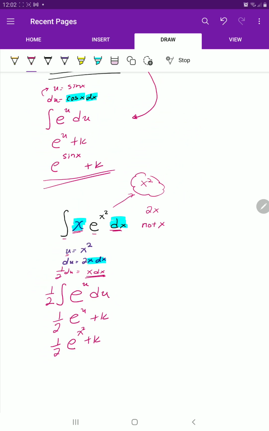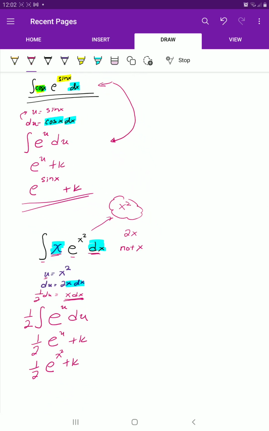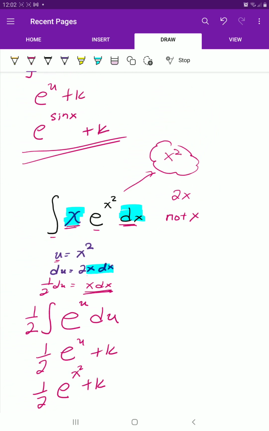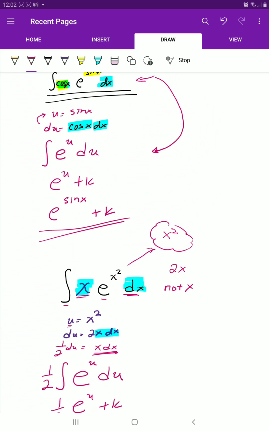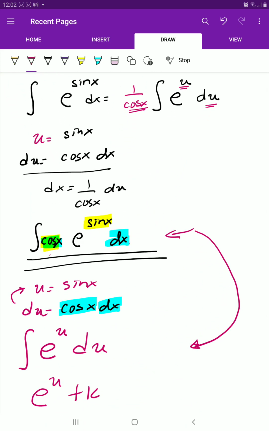Now, before I end this video, the one that I'm trying to tell you is that always check the question and the derivative. So, for example, in here, you have sine x as your u. Try to check if the derivative of that one is included in the question.